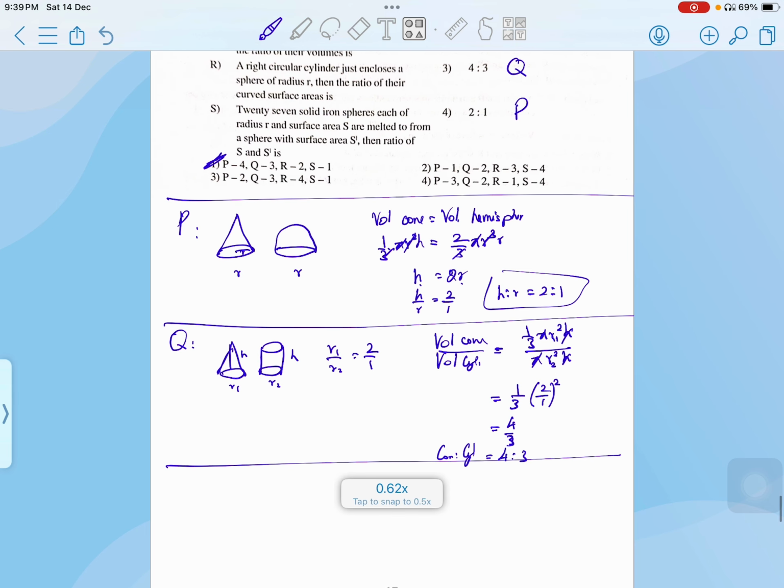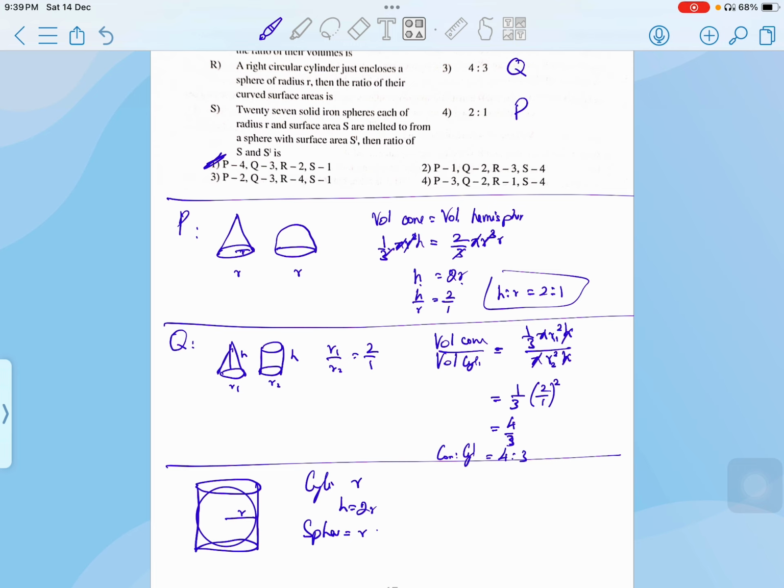So next one, R. A right circular cylinder just encloses a sphere. Means you have a sphere and you have a cylinder that just encloses it, so its radius is the same. This is R, cylinder also radius will be R, height will be 2R. Sphere also radius will be R. So what is the ratio of their curved surface area?